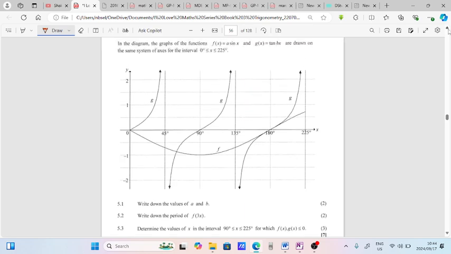Right, here's the parts. Just give me the solutions.